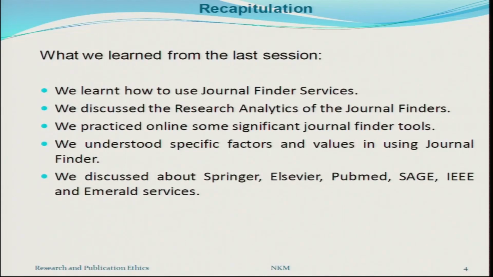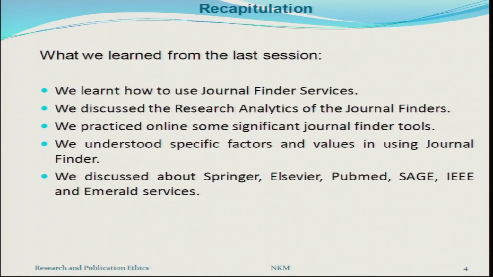Before we move further, let's remind what we discussed in the last session. In the last session, I emphasized how we use the journal finder services, and then I discussed the research analytics of the journal finders. We practiced through demonstration using the online services some significant journal finder tools like Springer, Elsevier, PubMed, and then we tried to understand specific factors and values in using journal finder services.